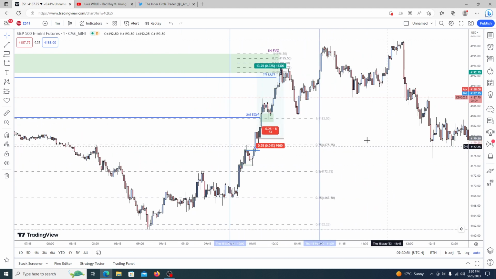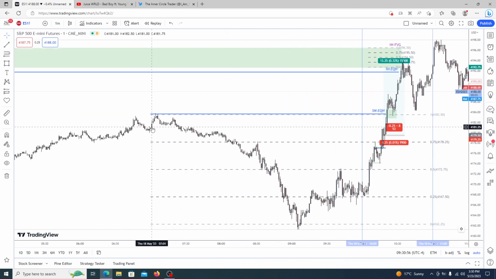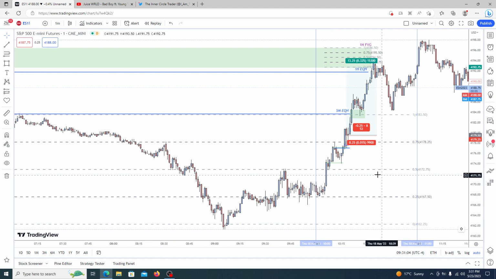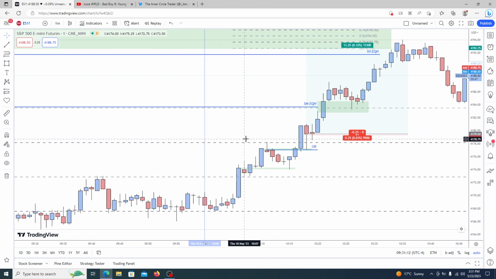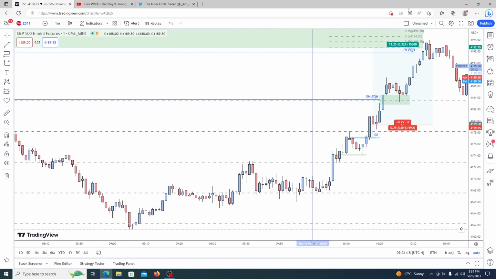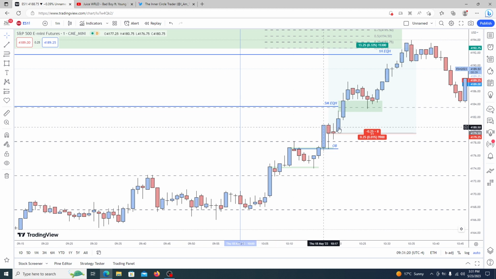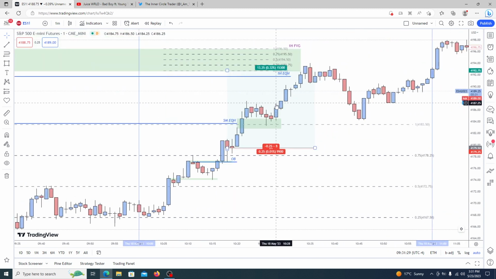It could be complicated because if you were specifically looking for a short in this area, noting that price only closed with a solid candle, closed above it and then rejected it, and you were not in line with this order flow, or you did not realize that price was reaching higher after seeing, okay, we had this rejection, so we could possibly be looking for long ideas, then switching your bias.